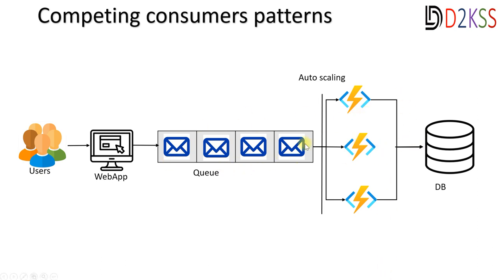When there is a heavy load, we will auto scale these Azure Functions, and the messages will be processed very quickly, and the user will get the response quickly. So this is one of the approaches we can achieve through Azure queues: you are writing to multiple queues, and those queues will be processed through auto scaling, written into the database, and giving the response to the user very quickly.